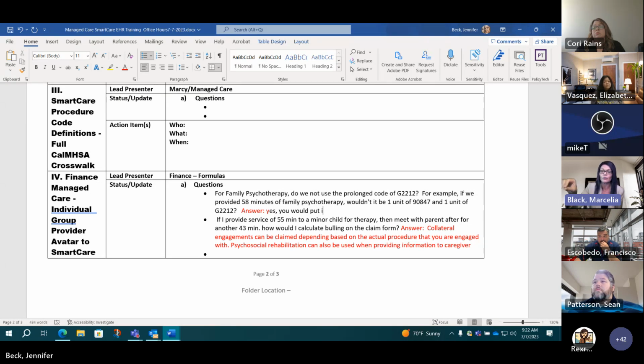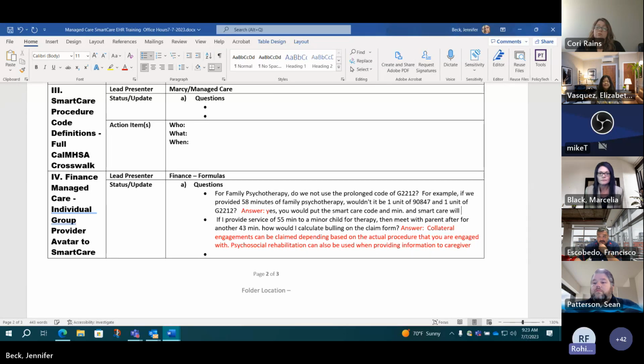SmartCare will convert it to the 90847 and then the add-on code of the G2212. So you just need to put in the SmartCare code and the minutes, and SmartCare does the conversion to the correct CPT or HCPCS code in the background, and that's for all services.